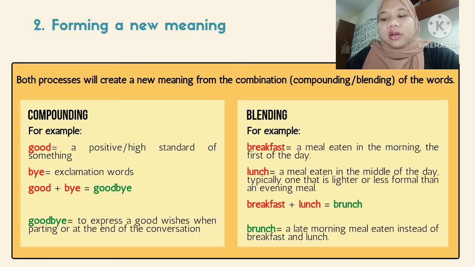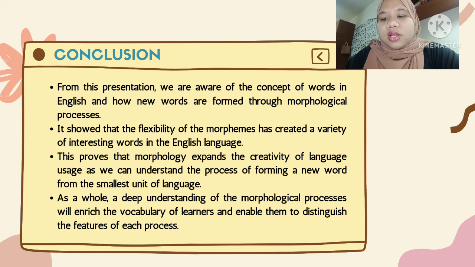From the presentation, we are aware of the concept of words in English and how new words are formed through morphological processes, because I said in the introduction that words have the possibility of being expanded through these processes.